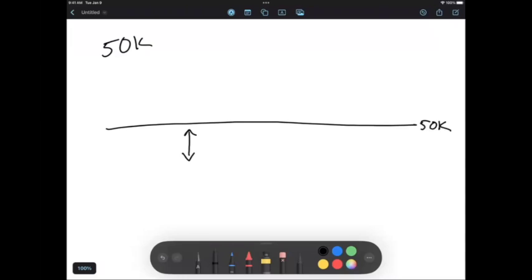That's essentially the space between your starting balance and your trailing threshold balance, which is at 47,500. So that's 2,500 in between. You want to keep this as healthy as possible. That's the main thing until the trailing threshold actually stops, and we'll go into that in a second.